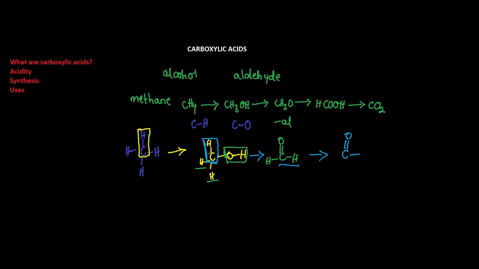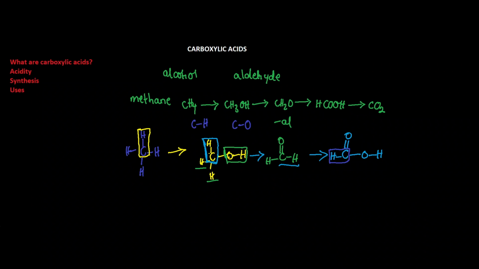A double bond between oxygen and carbon remains, and now we have another carbon-oxygen bond. Okay, so we have another carbon-oxygen bond, and we have a hydrogen here and another hydrogen here. Okay, still intact. Now further oxidation would lead to the replacement of the last carbon-hydrogen bond with a carbon-oxygen bond.